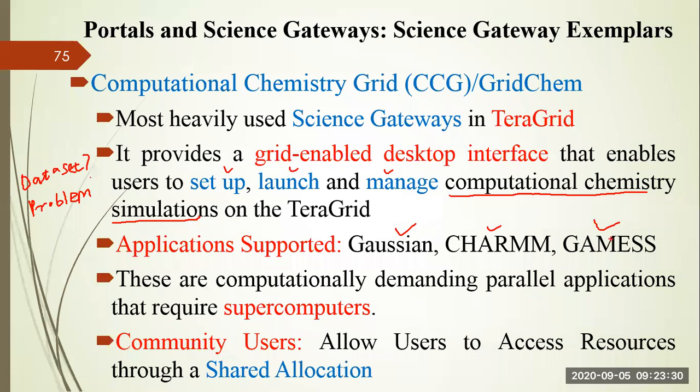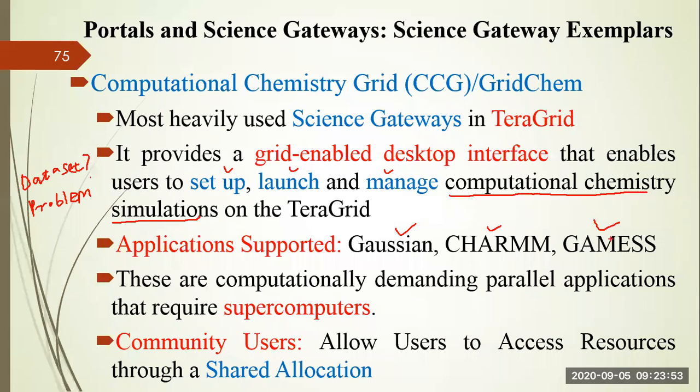So why are people interested in CCG? Sometimes, to execute our simulation, we require the power of a supercomputer or the power of 1000 or 2000 computer systems. So we can take the help of the TeraGrid to execute our work.